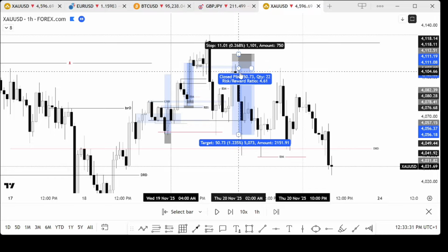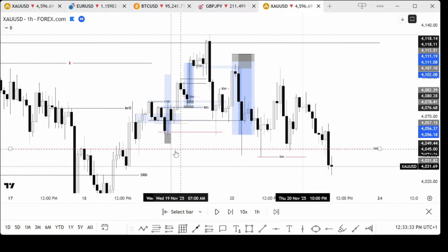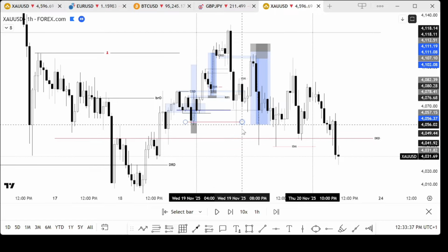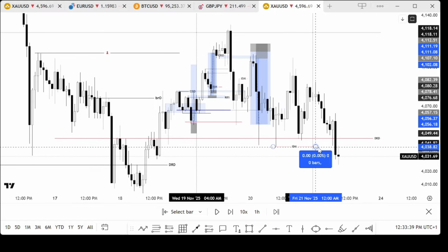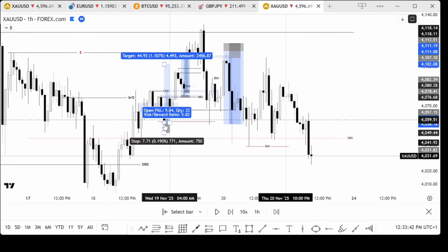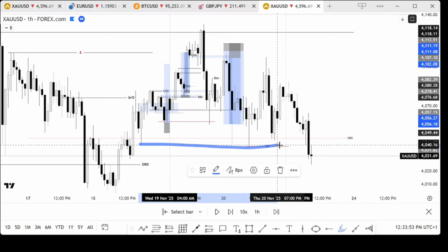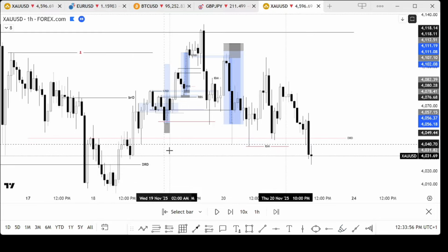Price pushed down, which means automatically price is giving us an opportunity to look for inducement, right? Because see, our stop loss here, but this candle came and already took out all of this inducement. So all of these equal lows become our inducement as well.